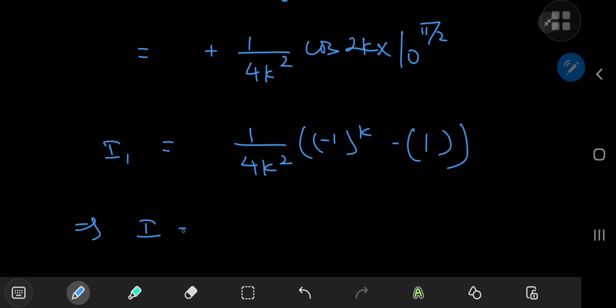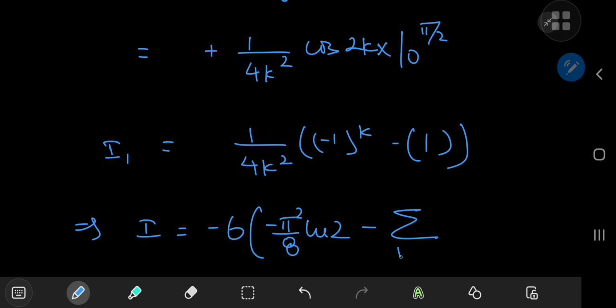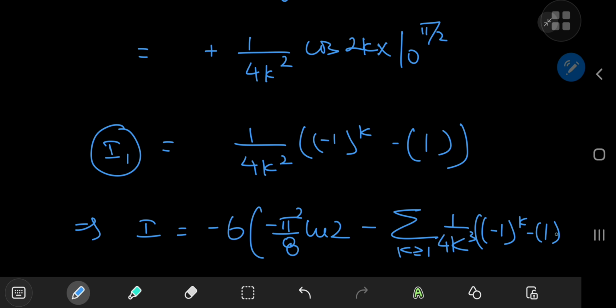And back to the original integral, that had a negative 6 times a negative pi squared by 8 times log 2 minus the sum over k of 1 by k times this integration result. So you have a 1 by 4k cubed times negative 1 to the k minus 1. Okay, let me get rid of the brackets over here.